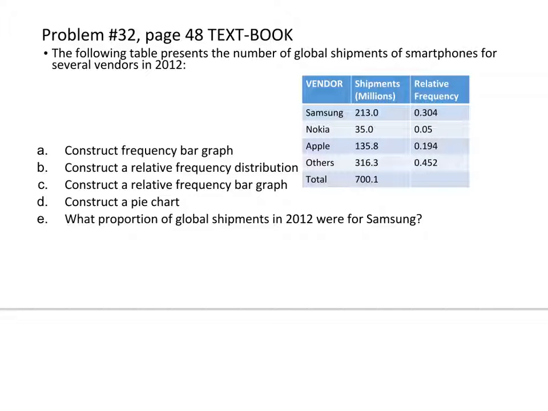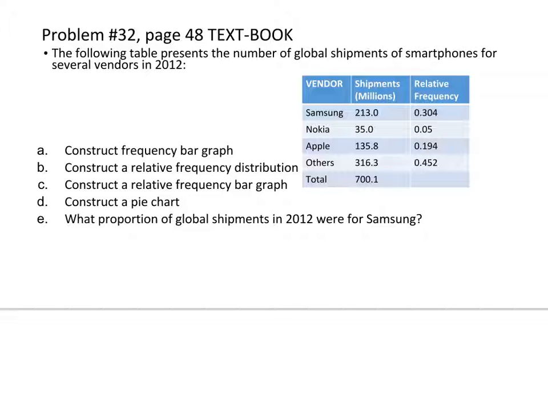So this is problem number 32 in your textbook on page 48. The following table presents the number of global shipments of smartphones for several vendors in 2012. Attached is the frequency table of those shipments.